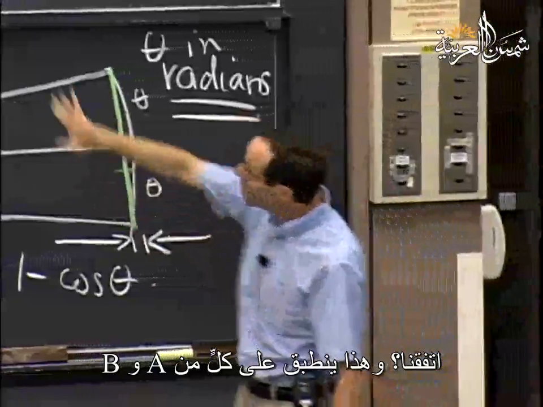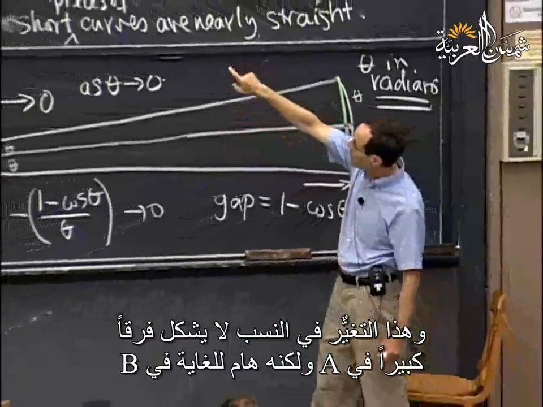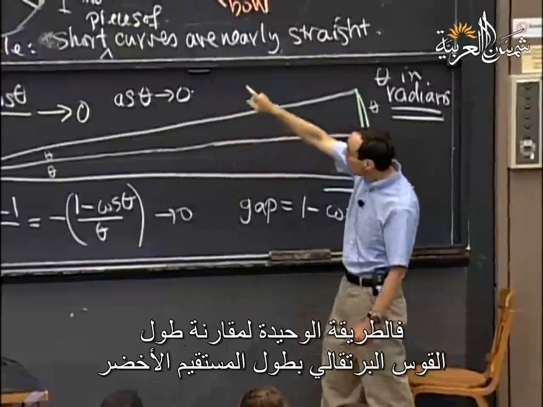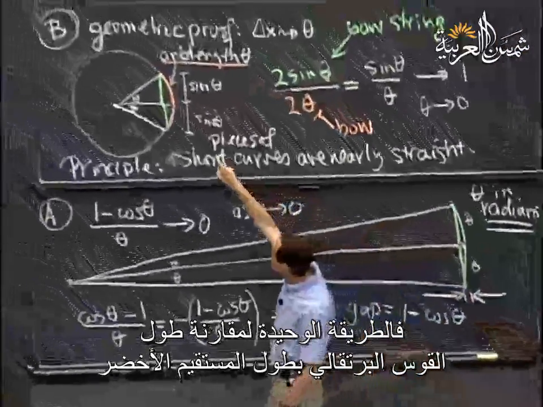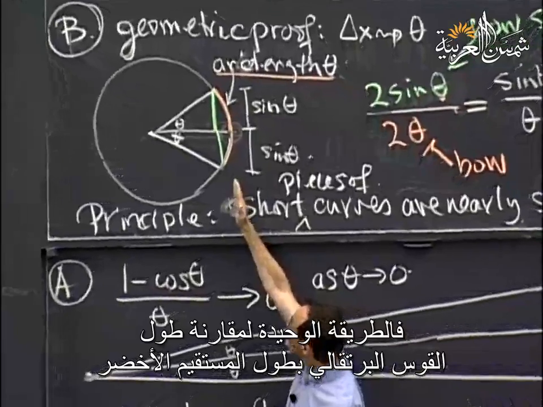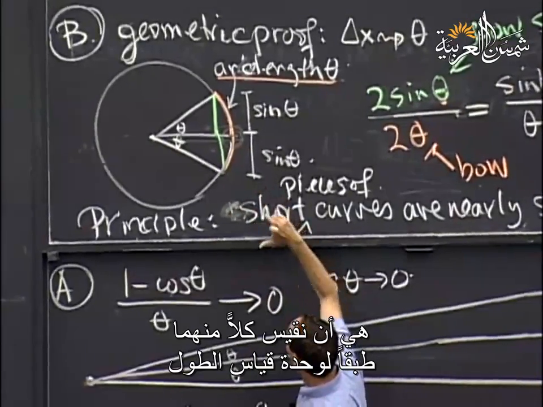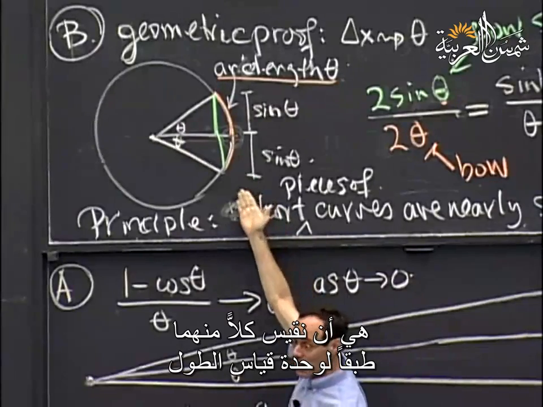All right? So that applies to both B and A. It's a scaled change in A and doesn't really matter, but in B it's very important. The only way that this orange length is comparable to this green length, the vertical is comparable to the arc, is if we measure them in terms of the same notion of length.